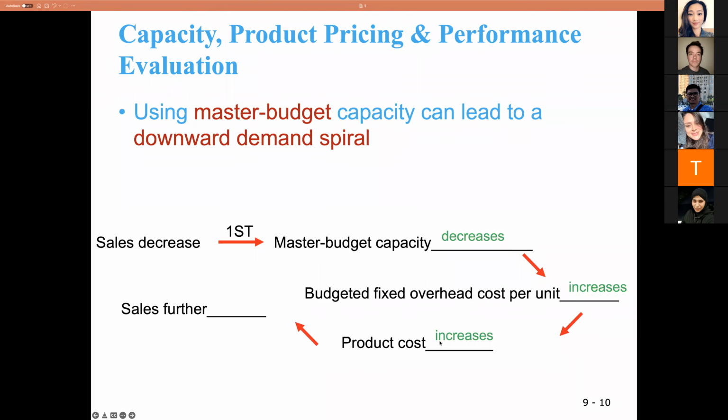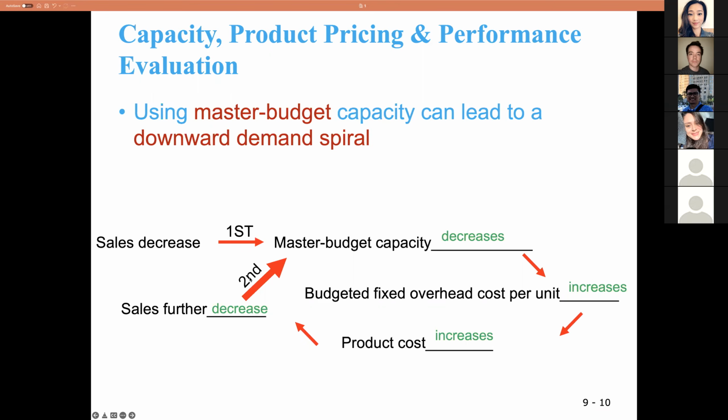Yes, your product costs you more, so you have to increase your selling price. Then what happened to the sales? Now your price is higher, so what happened to the sales? You can see it now. The sales further decreased.